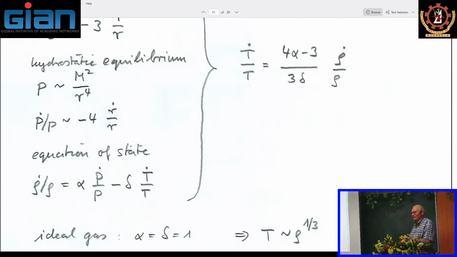And then we define on this basis the degree of degeneracy. The degree of degeneracy would be the ratio of this energy to the thermal energy. If this ratio is big, then we are closer to degenerate. If this ratio becomes small, we are further off the state of degeneracy.